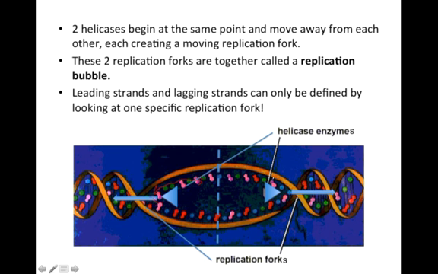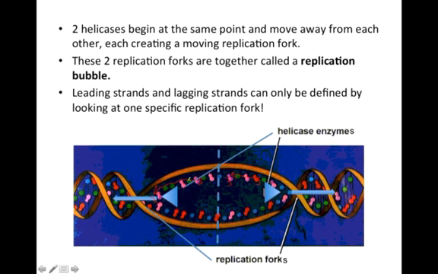So that would mean over here, this would be the lagging strand because it would still be moving in the 5 to 3 direction. So this would be 5, and this would be 3.